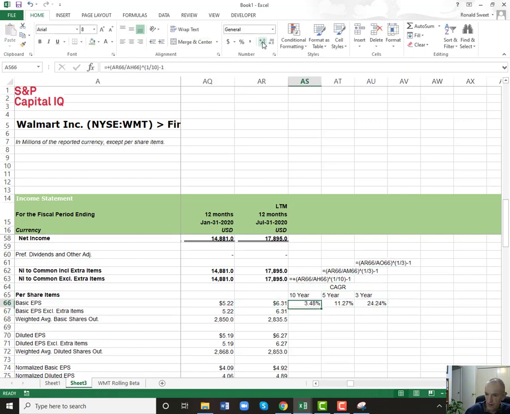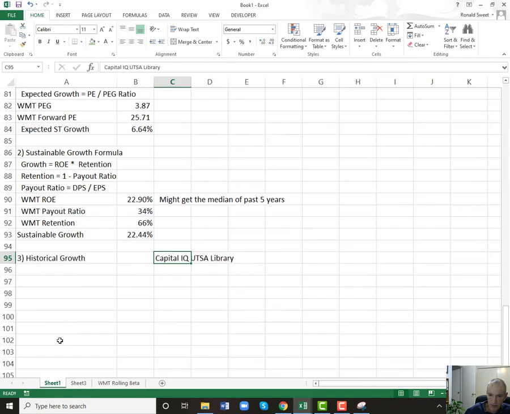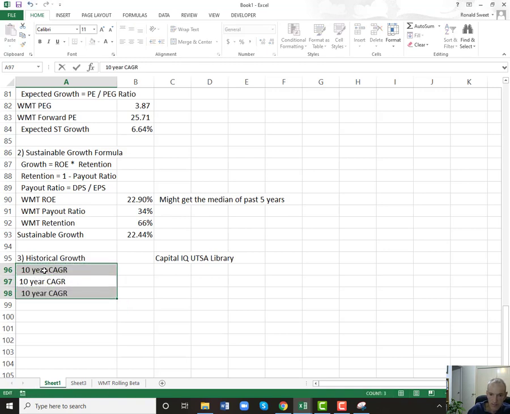And so there's our numbers. And so what I can do with Walmart is I can say their 10-year CAGR, their 5-year CAGR, and their 3-year CAGR. I can just go get those.